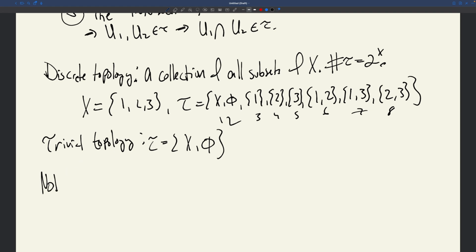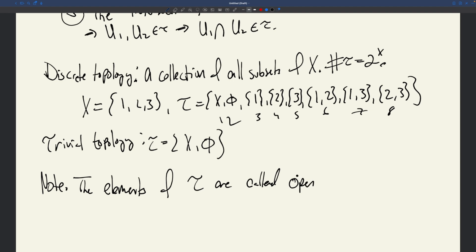So I want to note that the elements of X, or the elements of tau, are called open sets. Cool.